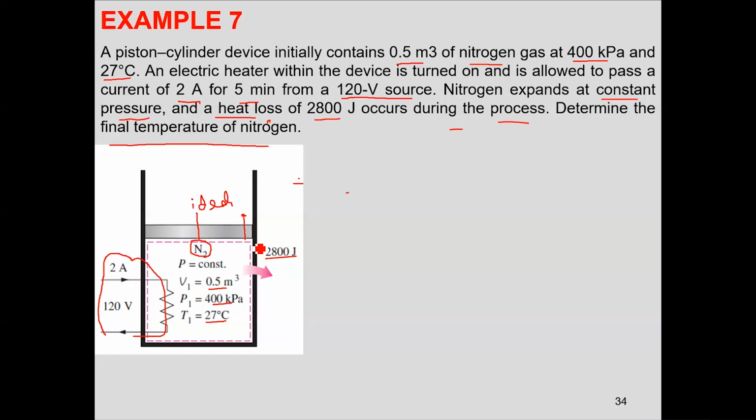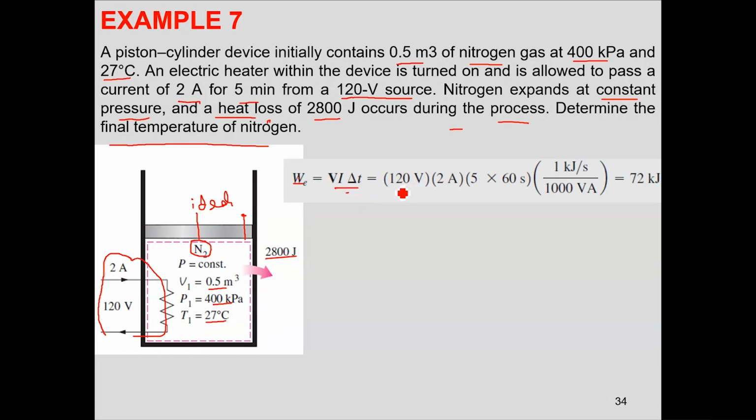The information given to you is that you have electrical work that you can calculate using the V I delta T equation: voltage multiplied by current multiplied by the time in seconds would give you the energy in joules. And if you divide this by 1000, it would give you the total energy in kilojoules. This is the electrical work that has been done on your closed system.